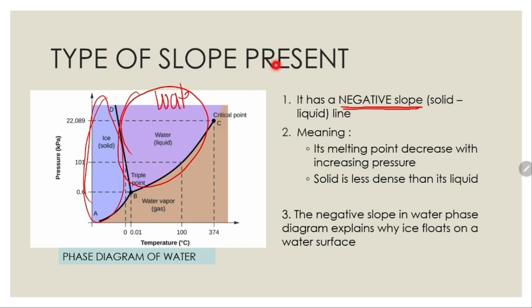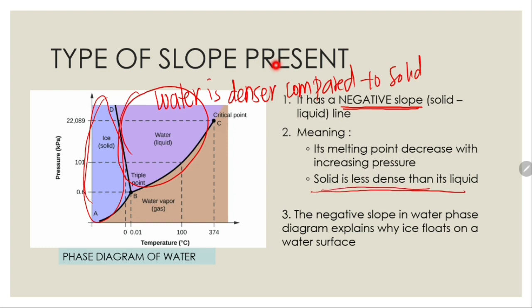So water is denser compared to solid, meaning water prefers to be in liquid form compared to solid form. So that is the first: solid is less dense than liquid, or you can write it in a different way like this: water is denser compared to solid.